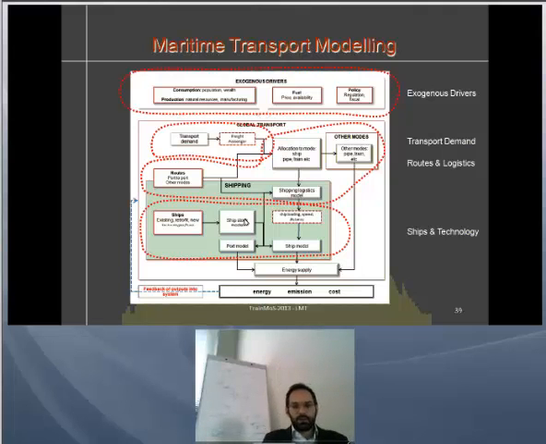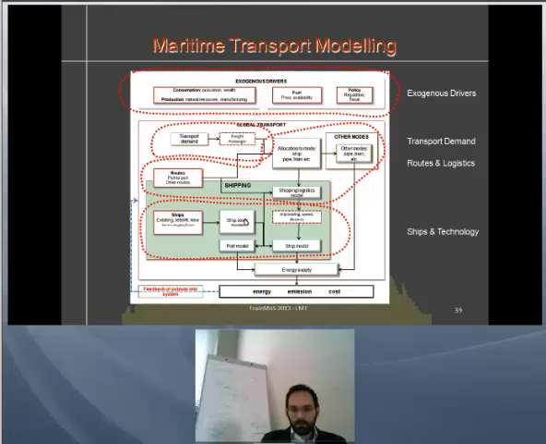So we need to allocate which mode or which ship type will carry the cargo, and we need to allocate the routes from one port to another, or which other modes need to be involved. Maybe we need to have intermodality, let's say ship to train or pipeline to a ship.